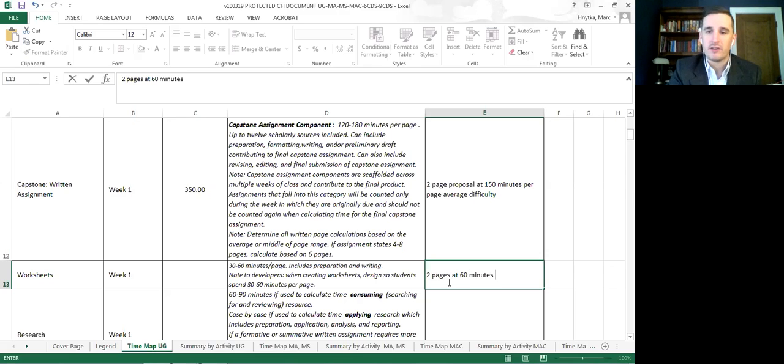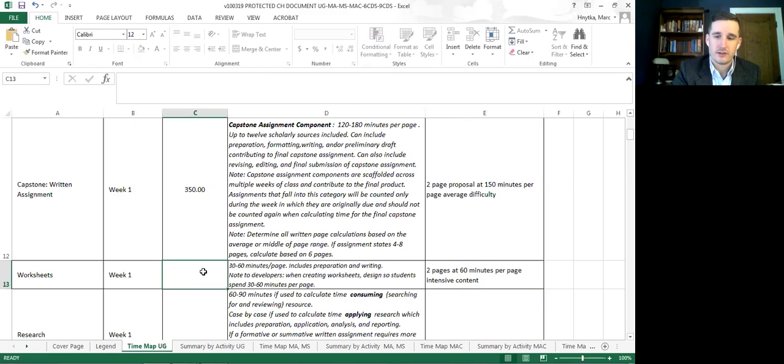There's a lot of activities on there. Maybe there's a number of short essays and things that students need to research. So 2 pages at 60 minutes per page, of pretty intensive content. So that would just be registered at 120 minutes for those 2 pages.